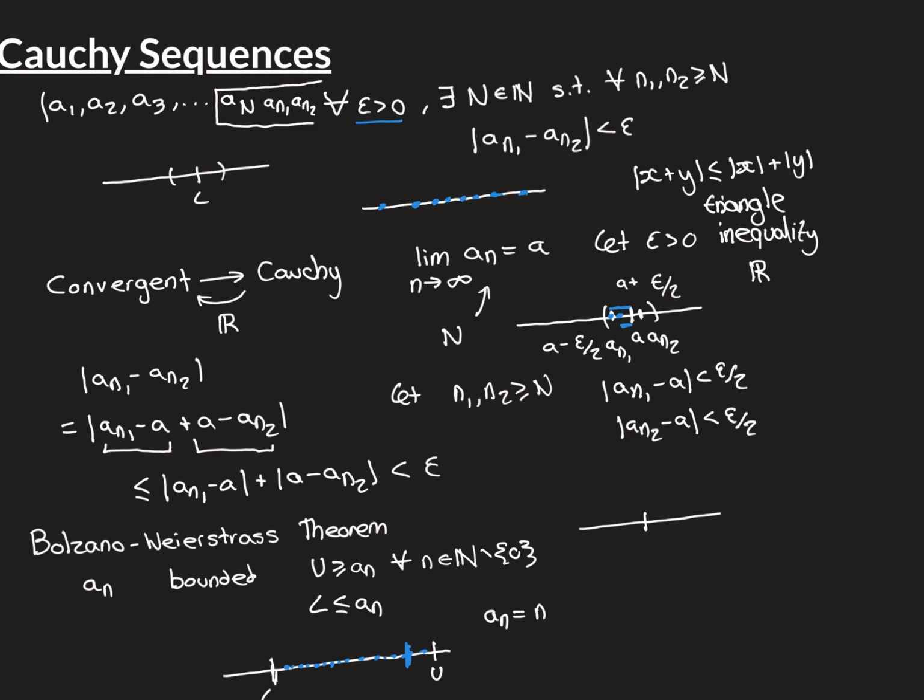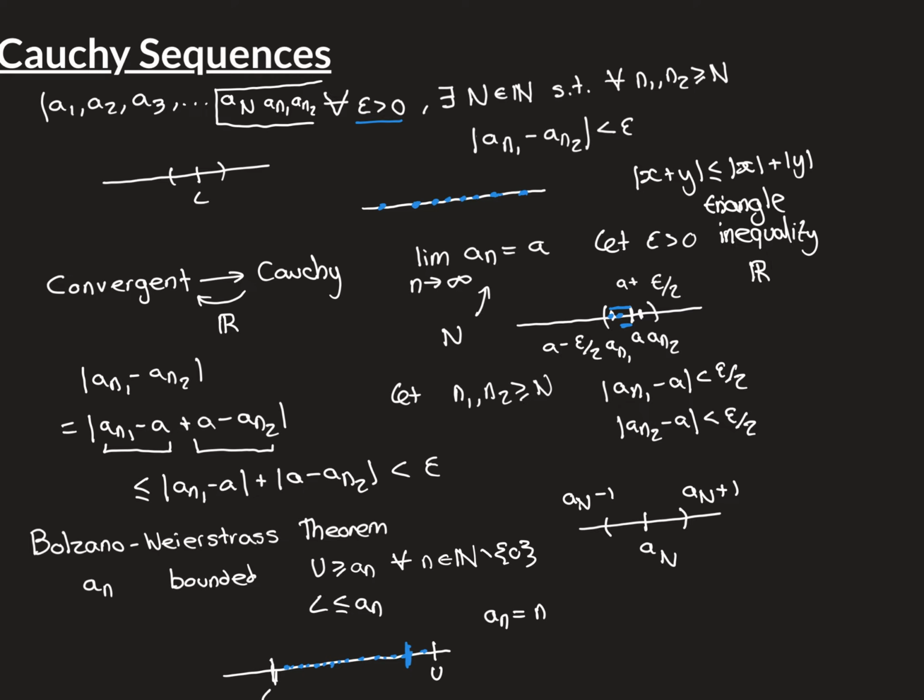So if we then consider where that term a big N is, and we consider the epsilon interval around it, so this is a big N plus 1, remember my epsilon was 1, and this is a big N minus 1, then all the terms beyond that, so if I make little n1 equal to big N, and then make little n2 some other random term, they must all be inside this size 1 interval around a big N, because if I let little n1 be big N, and this be any of the other terms, they must then be a distance less than 1 apart from one another.